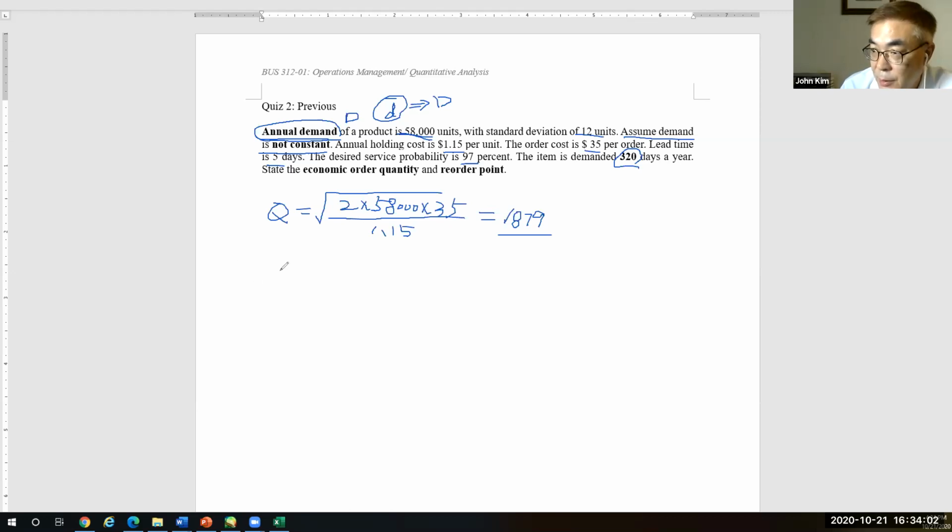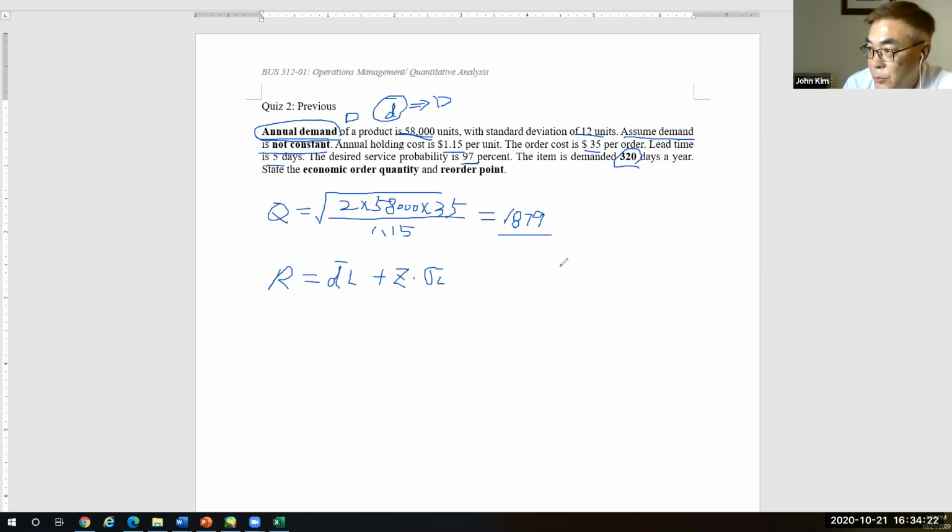And then R, we need daily demand times L plus Z score times standard deviation during lead time.